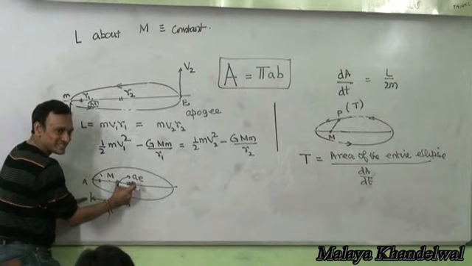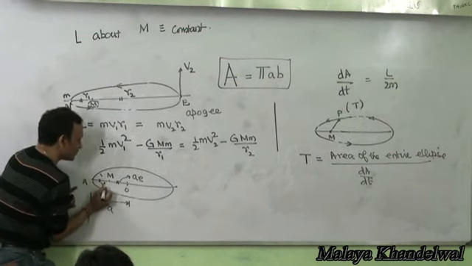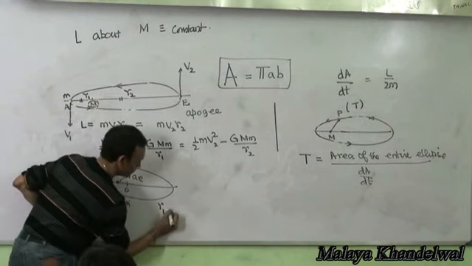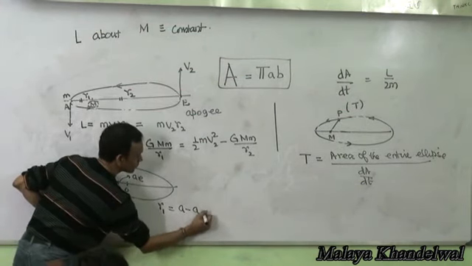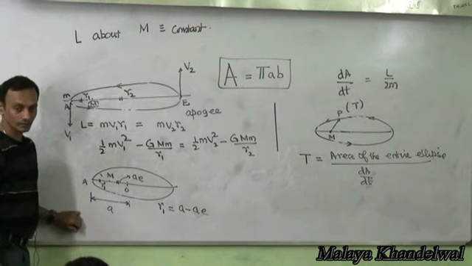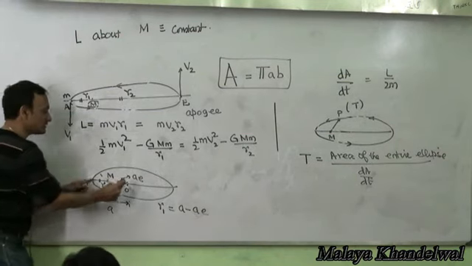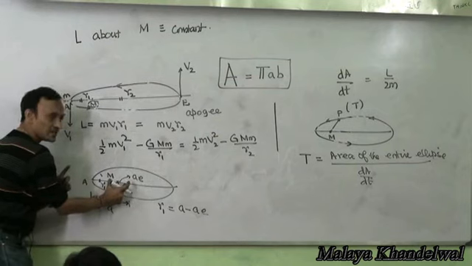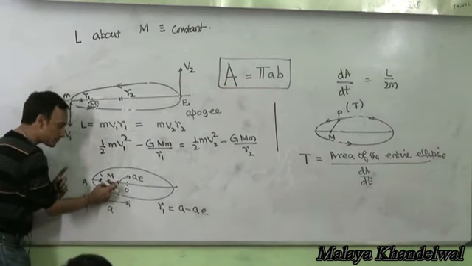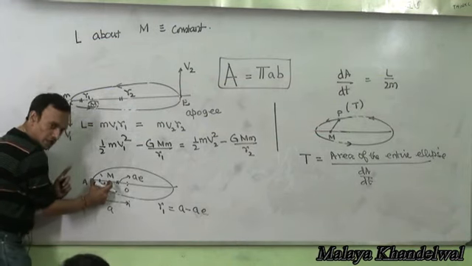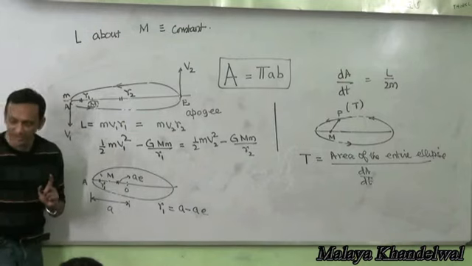So R1 is A minus AE. Do you realize that R1 is A minus AE? Clear? This is A. This is AE. This is because this is one of the foci. So this is R1 from one extremity of the major axis. So this is going to be A minus AE.